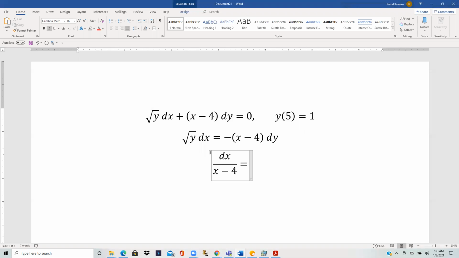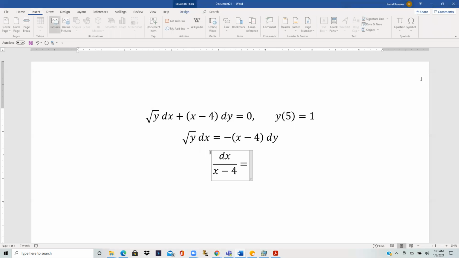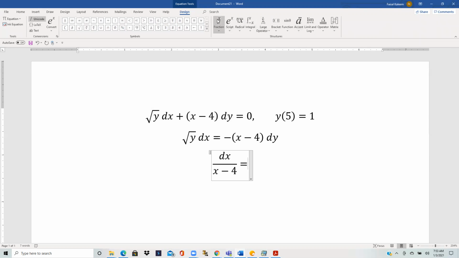So dx over (x minus 4) is equal to negative dy divided by square root of y.